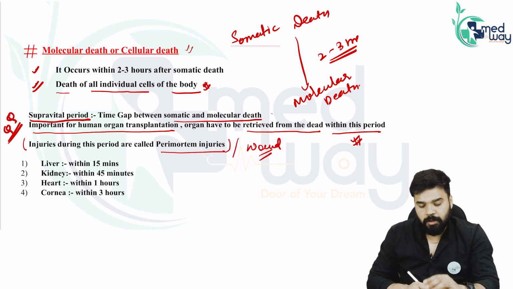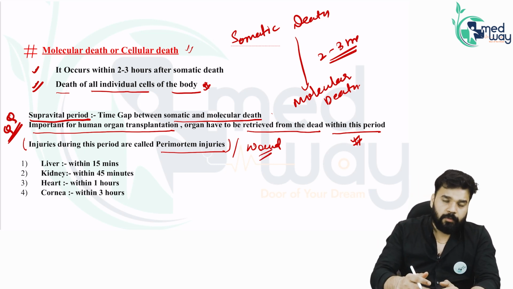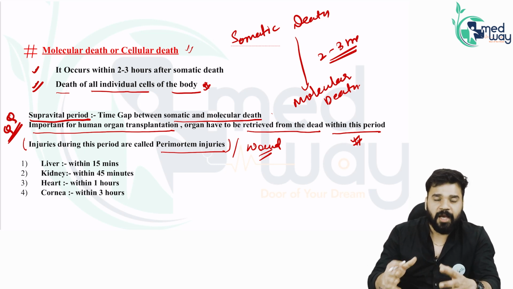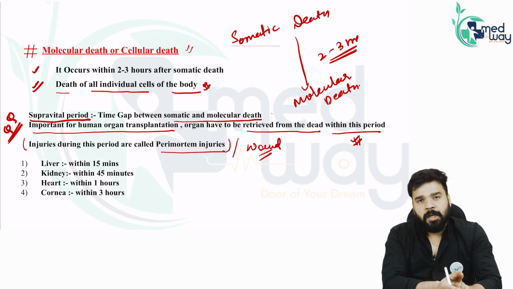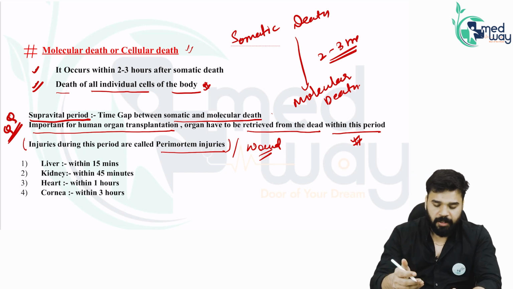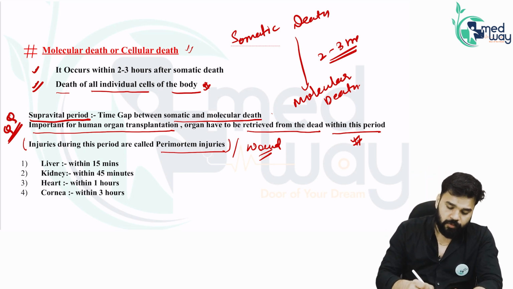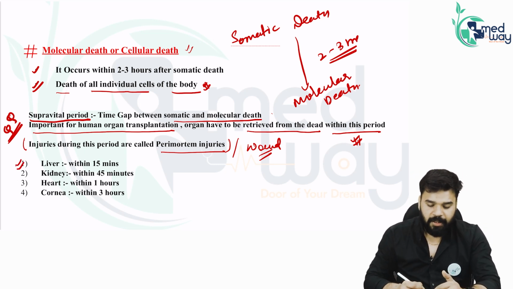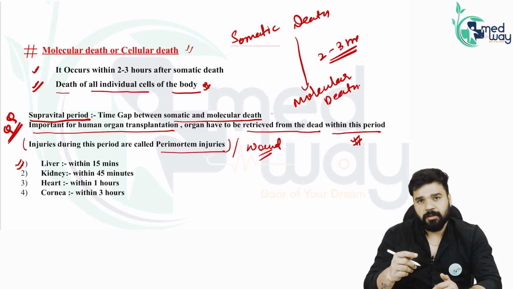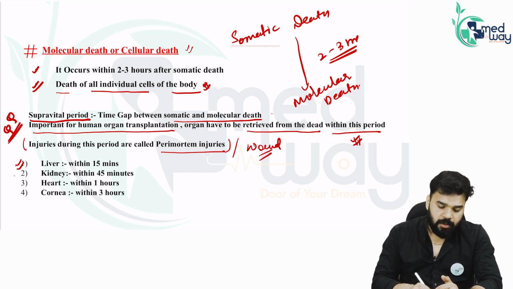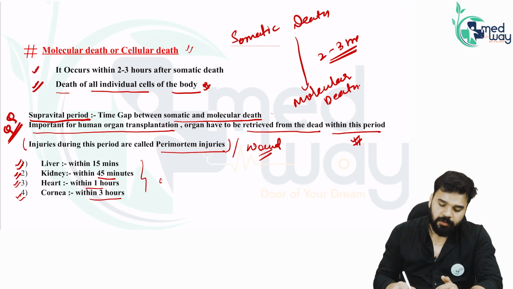Okay. So, now we will see the organs which we have to transplant, how much time we have from taking out the organ till transplantation. We have to take liver within 15 minutes. Kidney within 45 minutes, heart within 1 hour, and cornea within 3 hours of death.